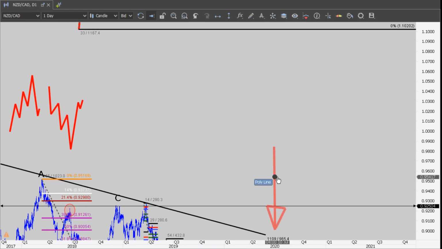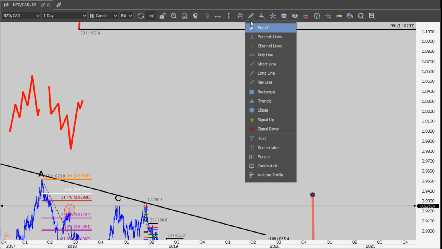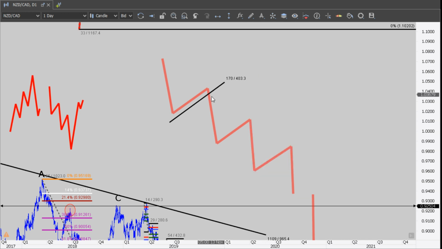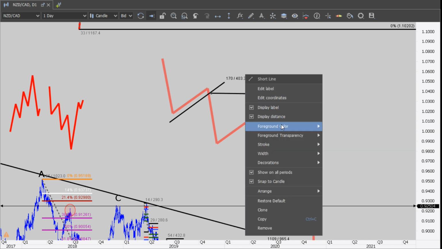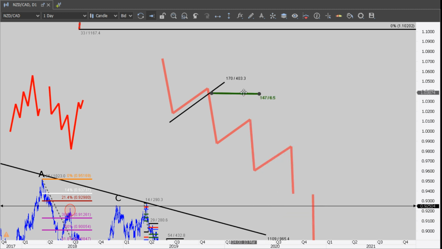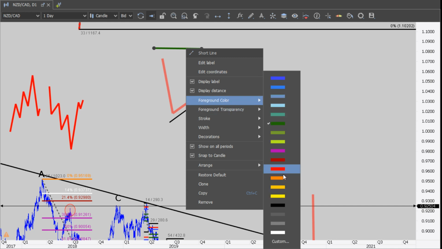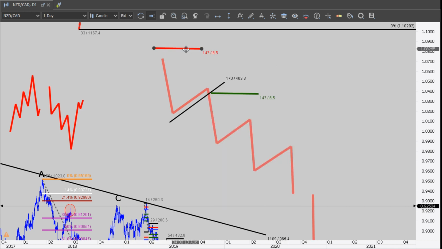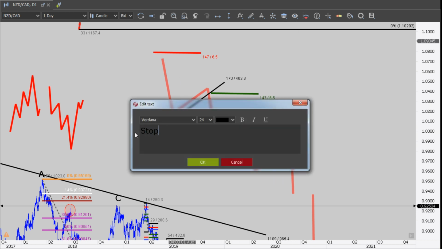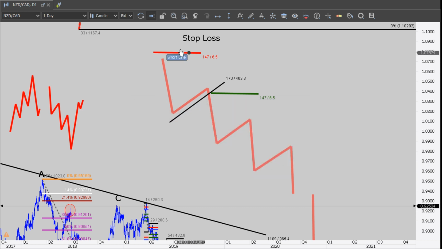One great technique to manage the trade, and we learned this in the previous webinars, is when you enter a trade and let's say that your trade is going in the right direction, like this. This is going to be your stop loss, the red one, up in here, and this is going to be your entry.